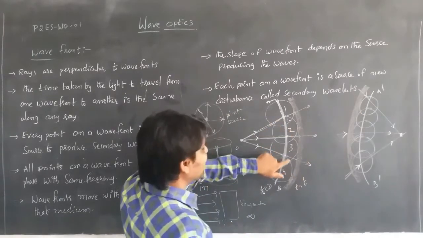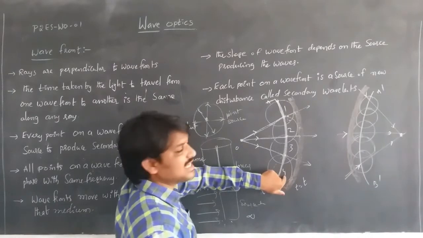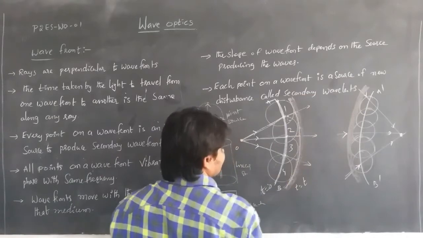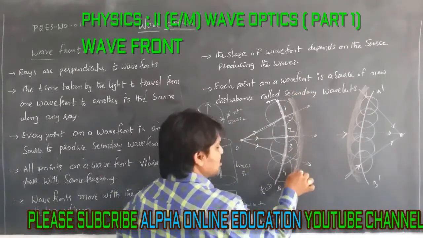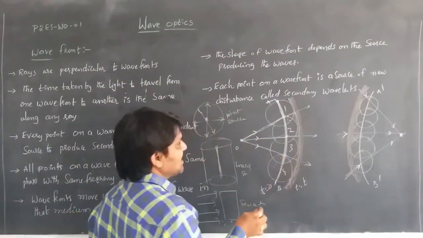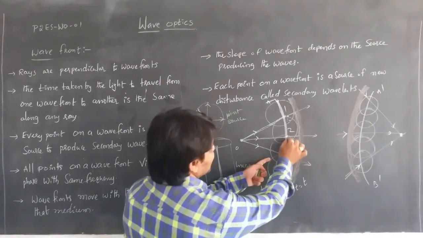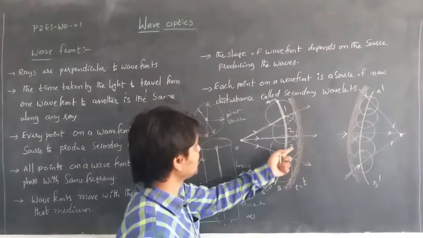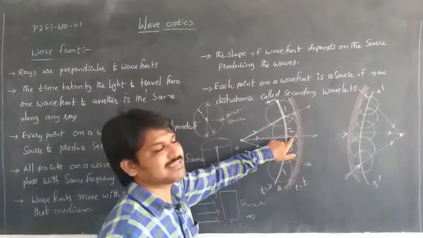These are called secondary wavelets. This can be considered as a secondary wavefront. Due to this, the secondary wavefront is formed. So we can say that each point on a wavefront is a source of a new disturbance, and these are called secondary wavelets.